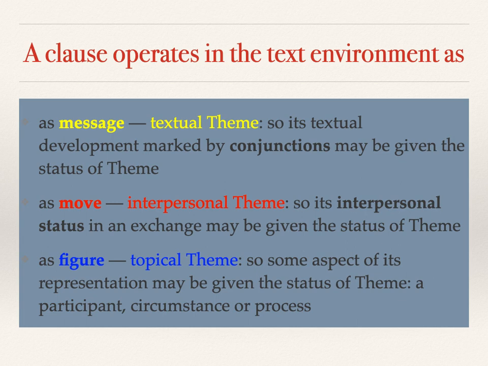But at the same time the clause is a move, so you may have an interpersonal theme, something that relates to its interpersonal status and the way it emerges interpersonally from the environment in which it is being constructed. And finally, a clause is also a figure, an experiential representation, and in this guise it will have a topical theme. Some aspects of its representation may be given the status of theme, participant, circumstance, or process.